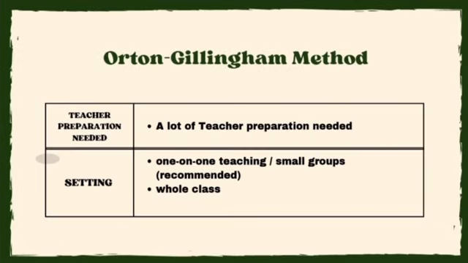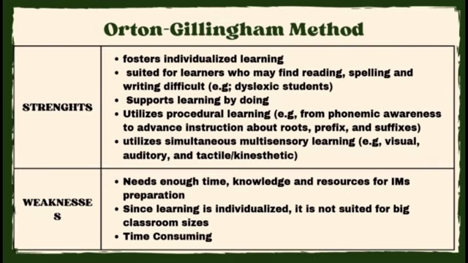In this method, a lot of teacher preparation is needed. Orton-Gillingham recommends one-on-one teaching and small groups, but not the whole class. The Orton-Gillingham is wonderful because it fosters individualized learning, suited for learners who may find reading, spelling, and writing difficult, especially dyslexic students.